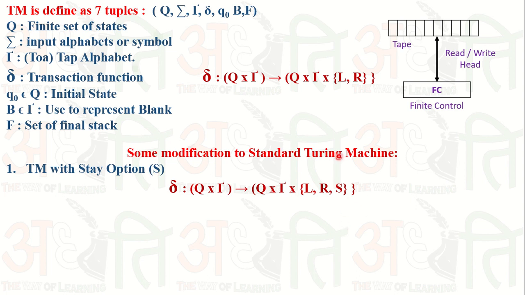After reading or writing an input, it does not move. So it is simply known as the stay option. All things are the same; only the extra movement is different, and the transition function will be like this.